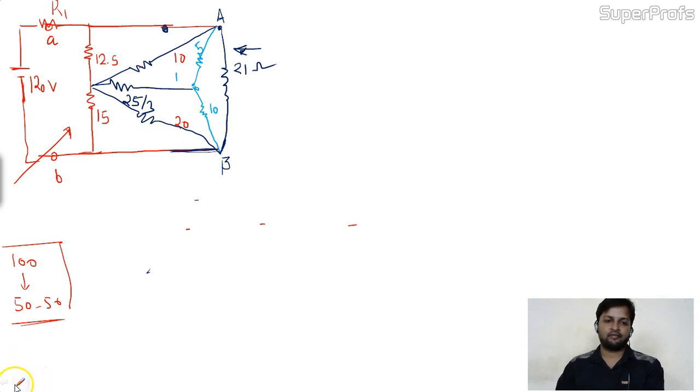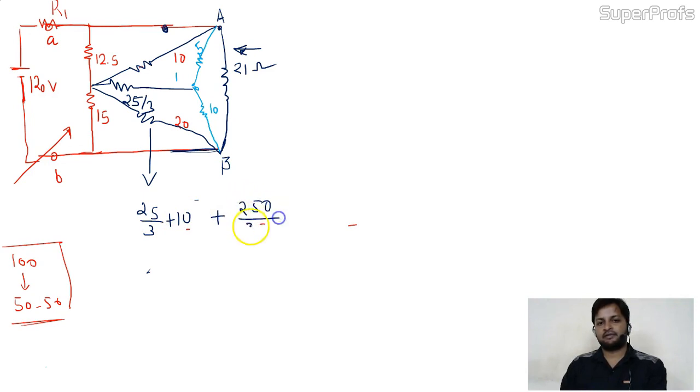Come to this one now. This is going to connect with 25 by 3 plus 10 plus multiplication, 50 by 3, divided by the third branch, and that is 5. Any problem yet?